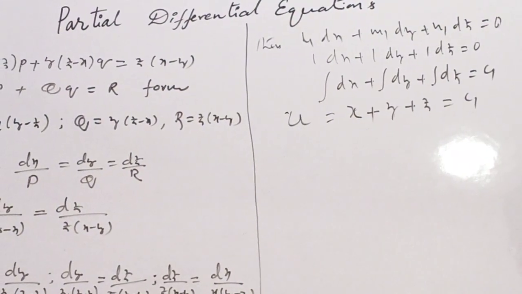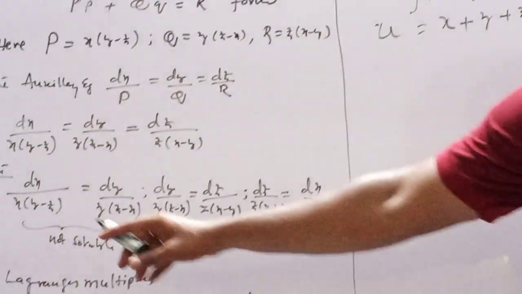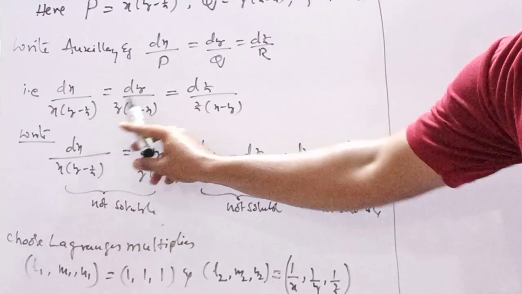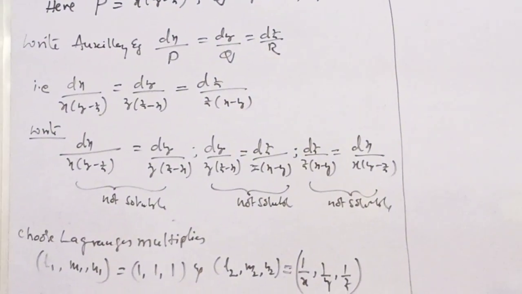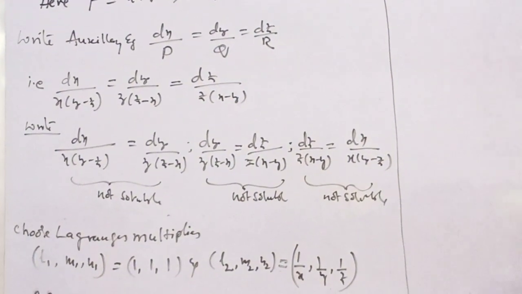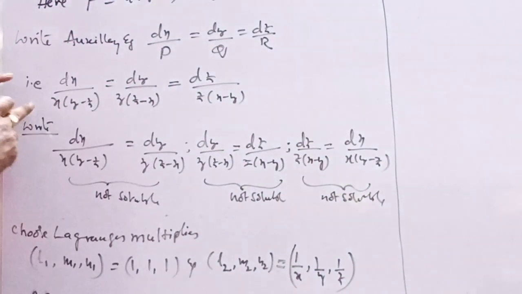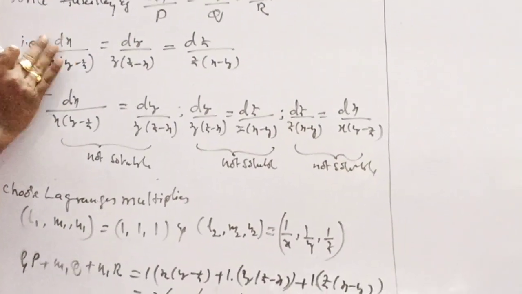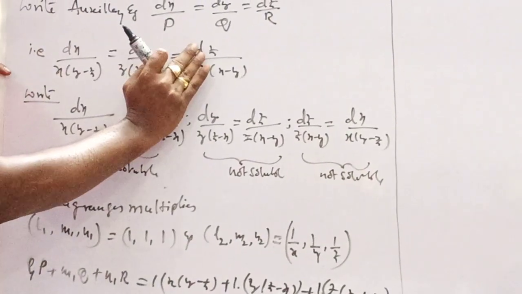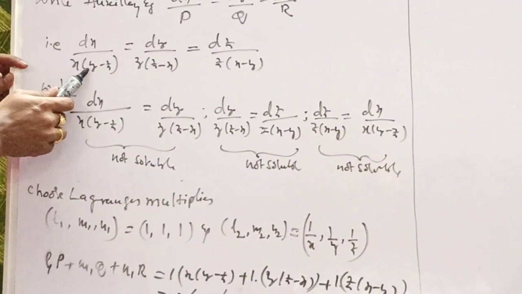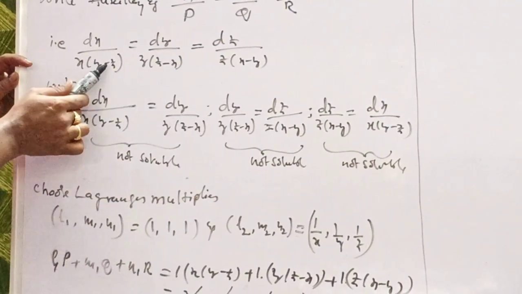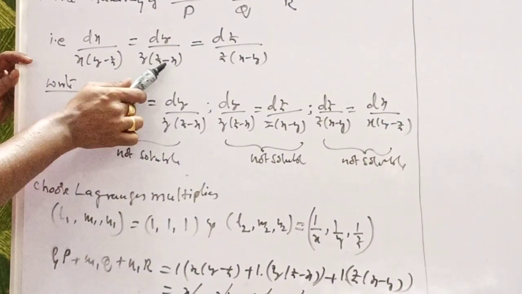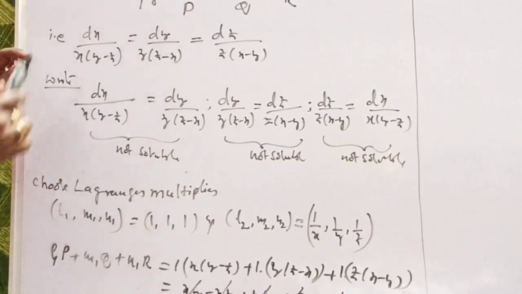Okay, next the second one, where you eliminate x, y, z. Again you observe here, we have y minus z, z minus x, and x minus y. So plus y minus y get cancelled, minus z plus z get cancelled, minus x plus x get cancelled.